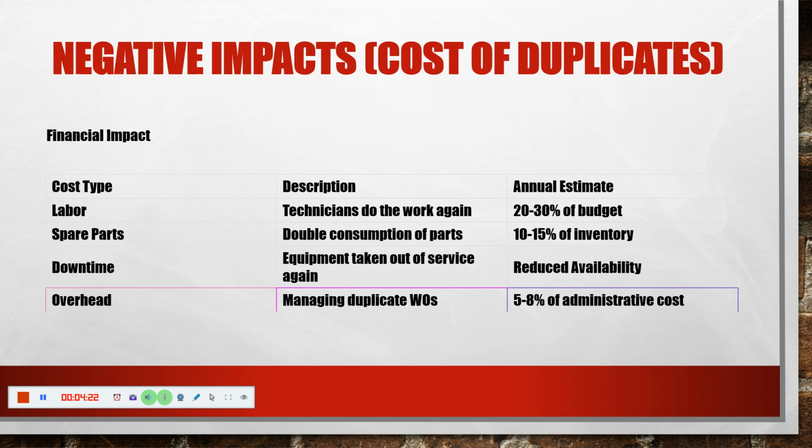All of them lead to some negative impact, like 20 to 30 percent of budget wasted, and 10 to 50% of inventory wasted, and about downtime, duplication leads to reduced availability.